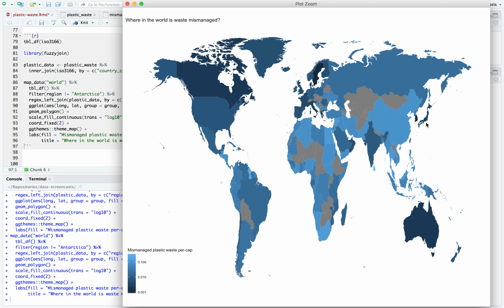So we do see income playing a role. The rate of waste mismanagement is also fairly low in South America, despite that having not too different an income distribution as say Asia.